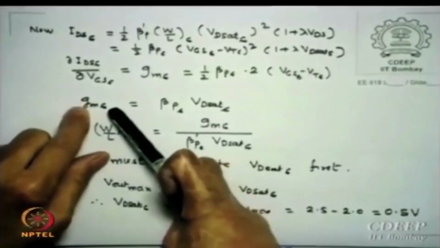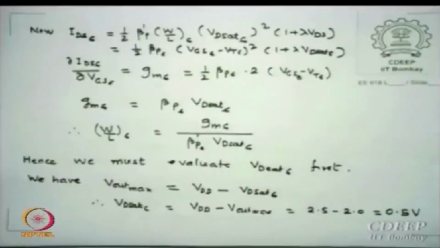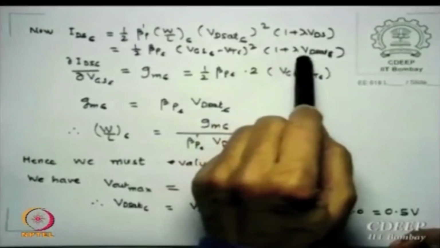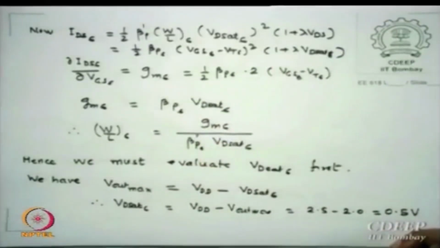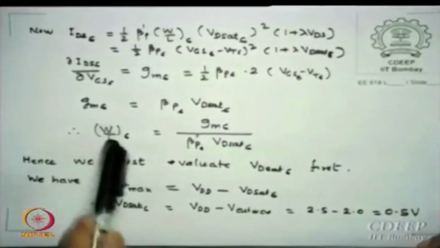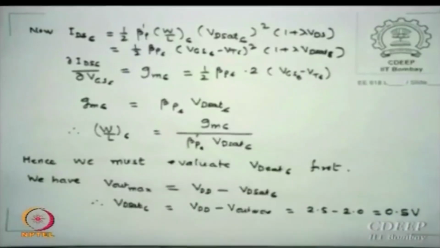From here I got a relationship between GM and VD sat 6. Okay madam, sorry, on differentiating it is anyway 0 with respect to VG. Anyway, the lambda term is small, so you can always start neglecting it whenever the GM calculation starts. Whenever GM calculation starts, W by L6 is GM6 upon this.